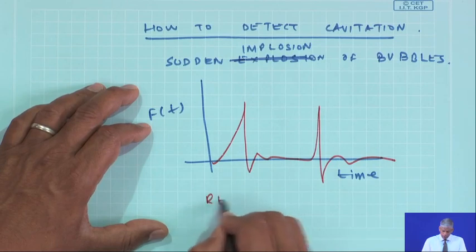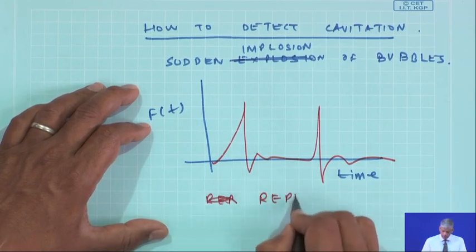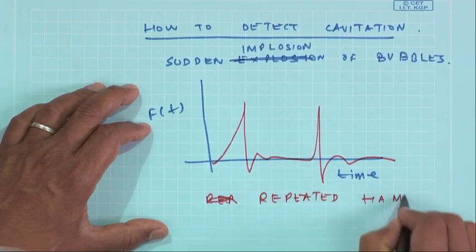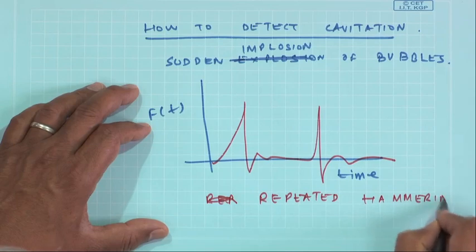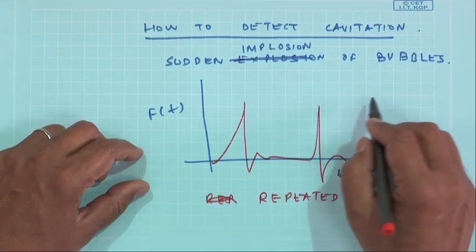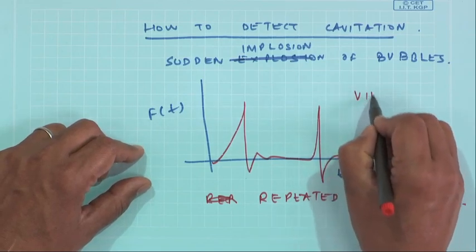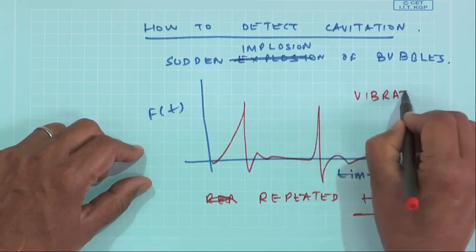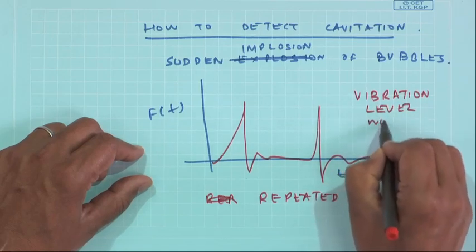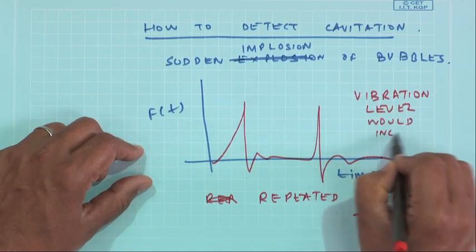Repeated hammering is what happens. That means as if somebody is hitting. So, of course, the vibration level would increase.